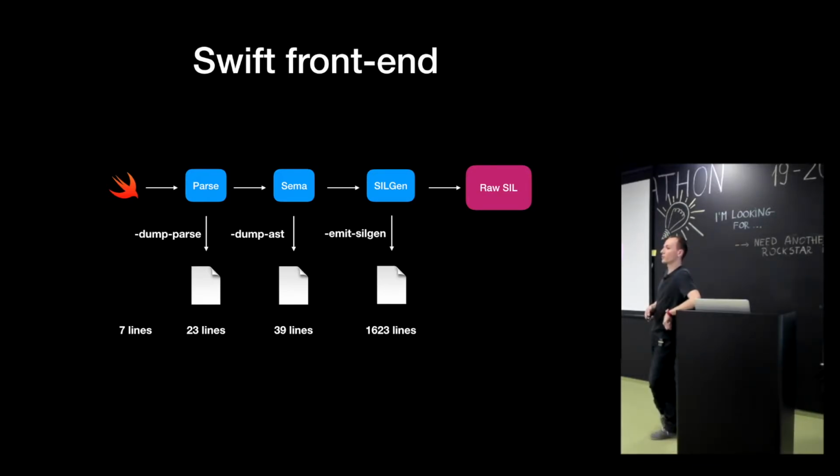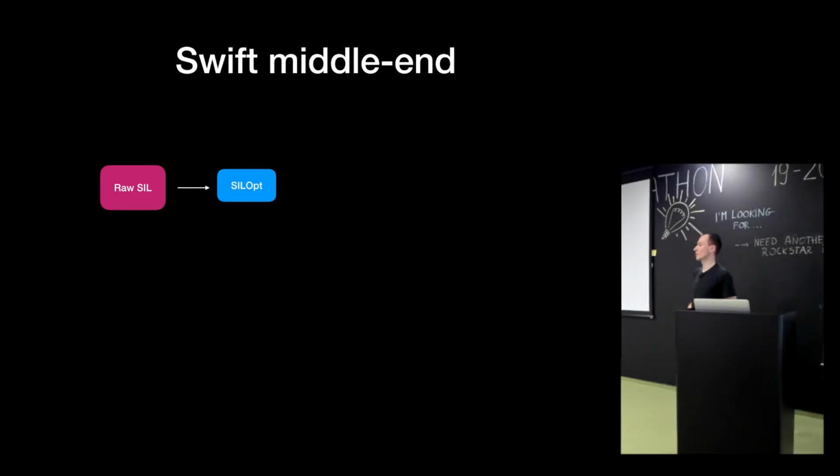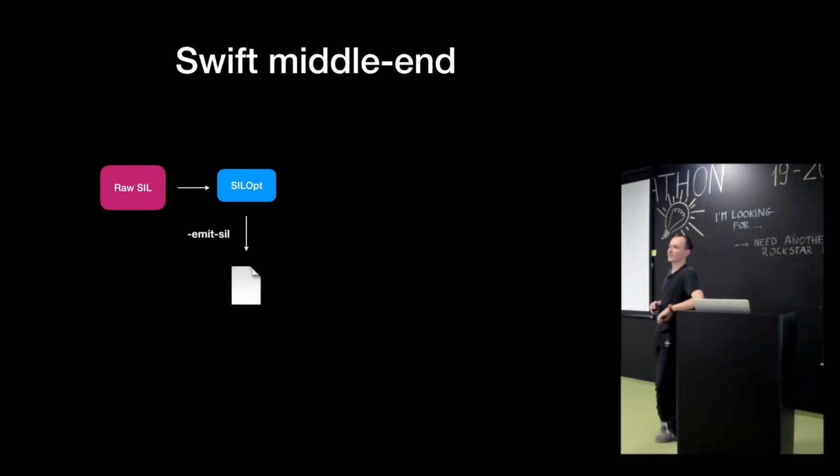There are increasing lines of code because as we are going deeper and deeper in the compilation, our concise Swift instructions are split into smaller instructions. Okay. In the middle end, we've got SIL optimizations, the main part of the middle end. And the output of it is relatively similar to the previous one.